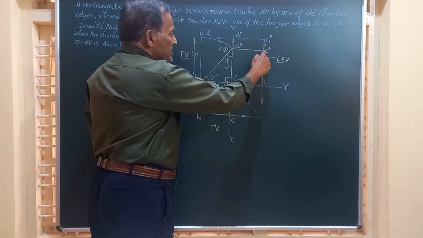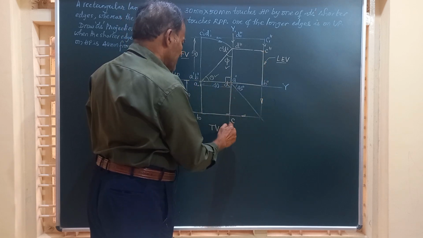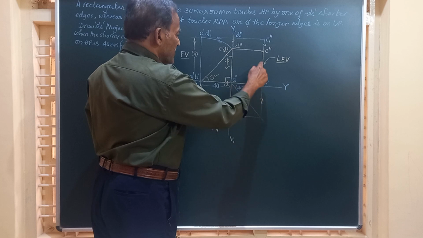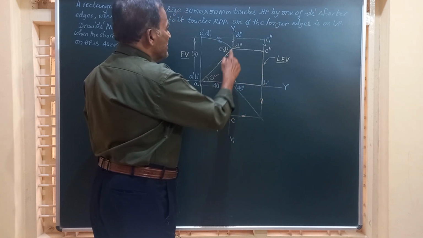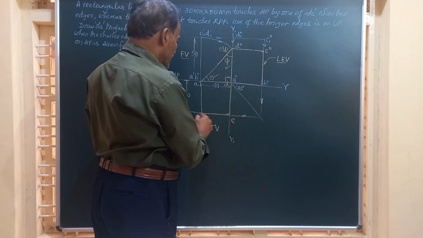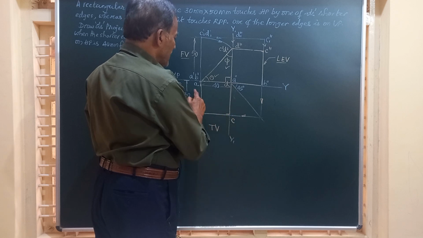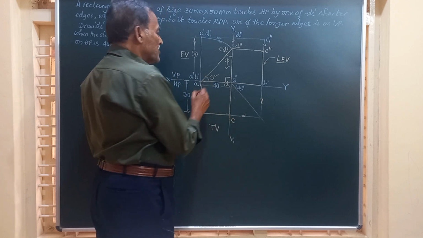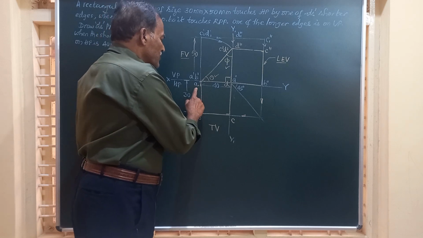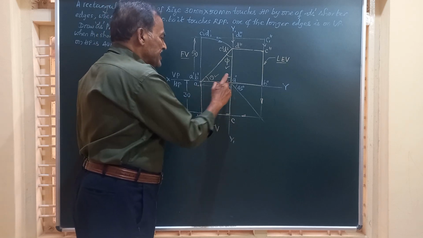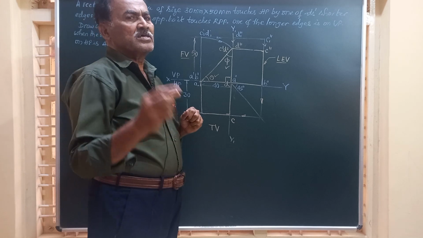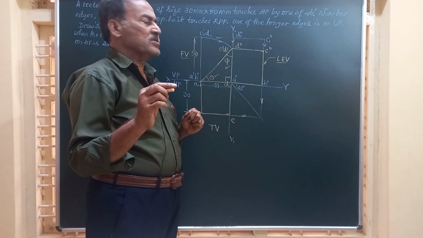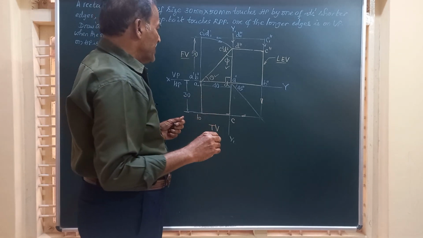You get C here, and then you get the point D below that. So you get C and D, and this will be A and B, because the position of AB will not change, it will be at the same place. So A, B, C, D will represent the top view of this rectangular lamina.